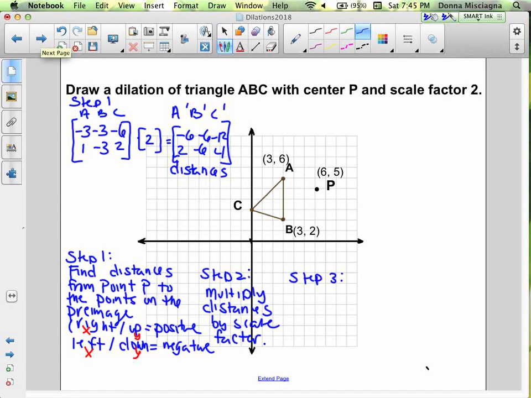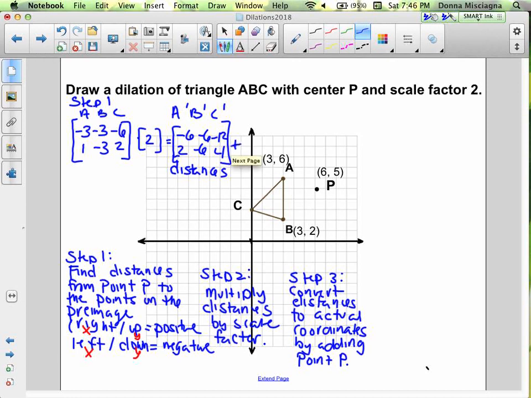We need to convert distances to actual coordinates by adding point P. We're just going to add, and it's listed right there, 6, 5.